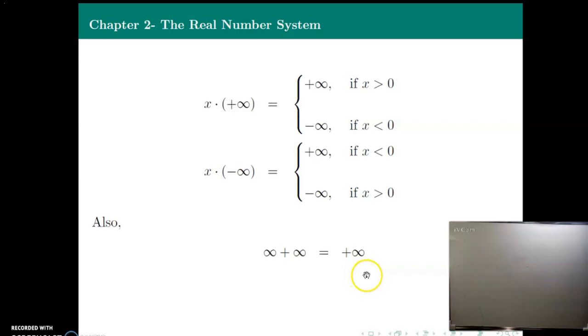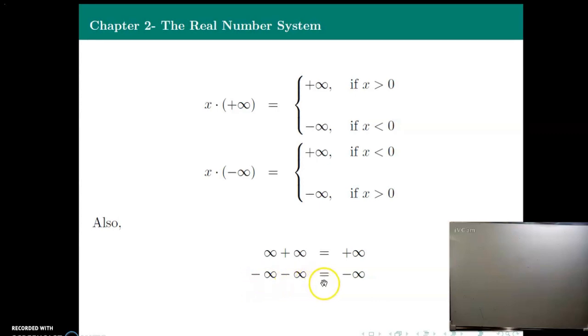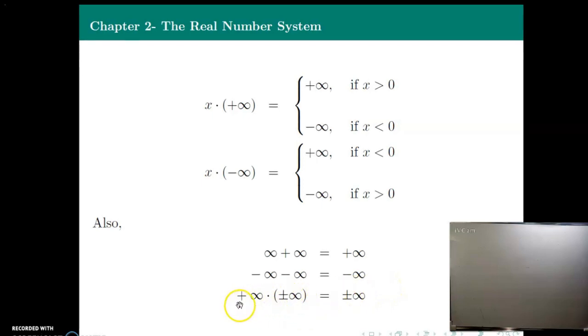Also, we have here the sum of positive infinity and positive infinity is equal to positive infinity. Then we have negative infinity minus infinity is equal to negative infinity. Then positive infinity times positive infinity is positive infinity, while positive infinity times negative infinity is equal to negative infinity.